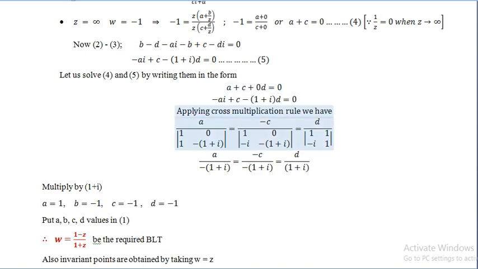And d divided by, now use the coefficient of a and c: 1 1, and in the second equation minus i, 1.